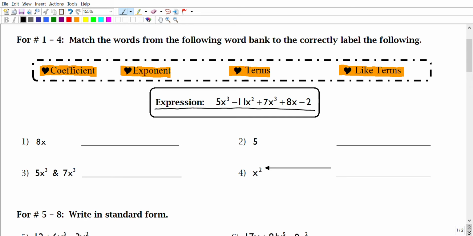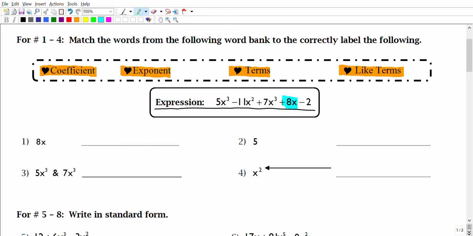Right off the bat, I see this 8x here. So it's asking us, what is 8x? Is that a coefficient, an exponent, a term, or a like term? Let me highlight it. It's right here.